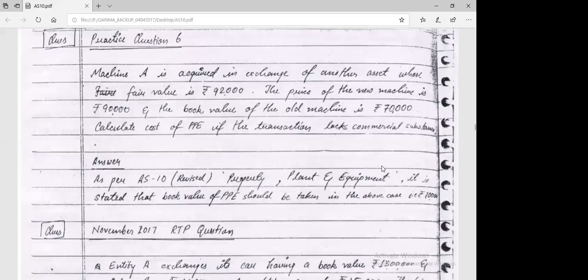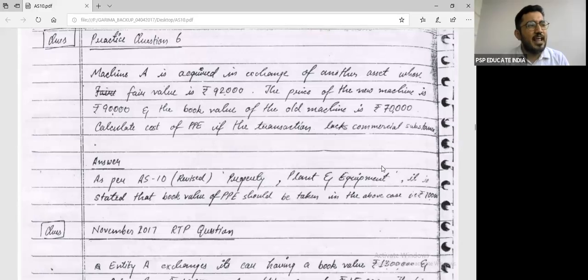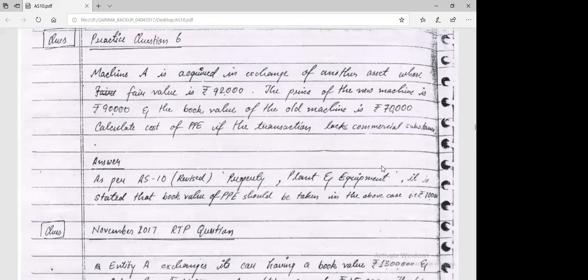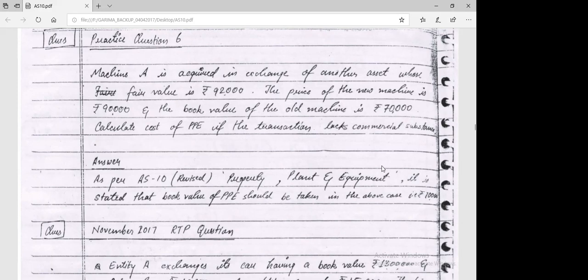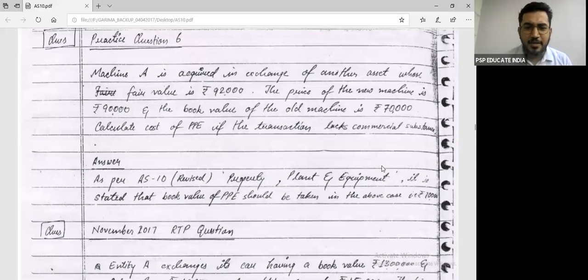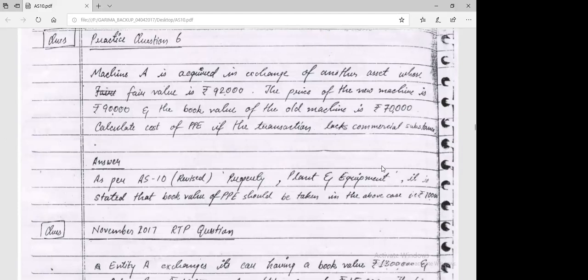Lacks commercial substance. Okay, when the transaction lacks commercial substance, how do you value the PPE? Book value. Not of the new asset but the old machinery. So it is called the book value of the asset given up. Can you tell me in the question what is the book value of the asset given up? 70,000.